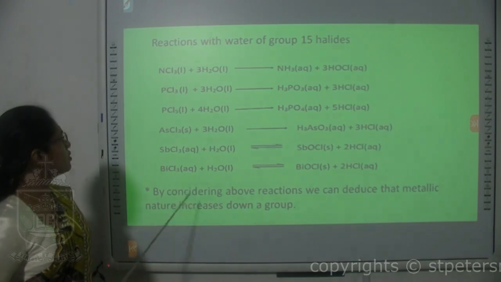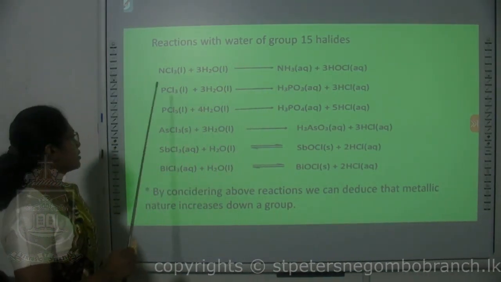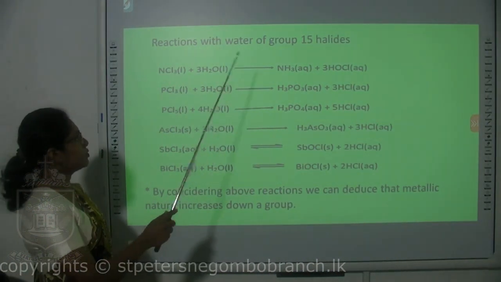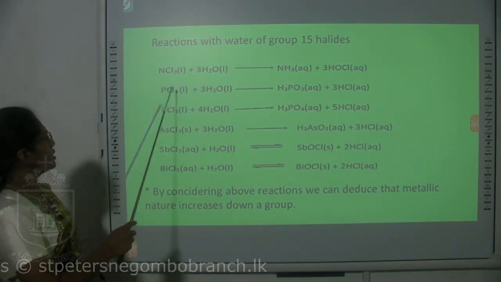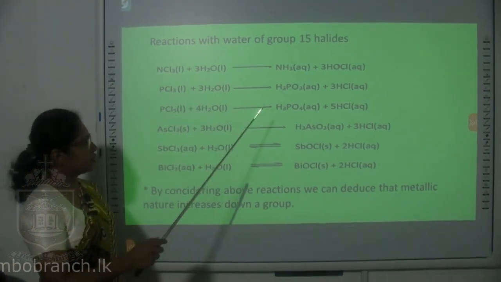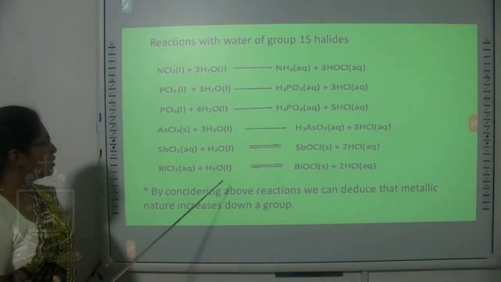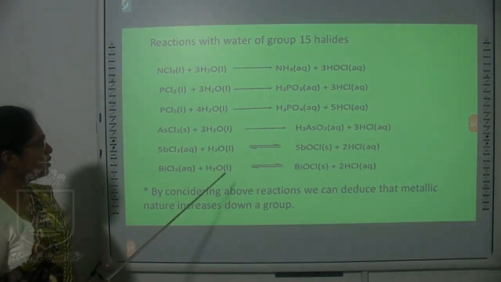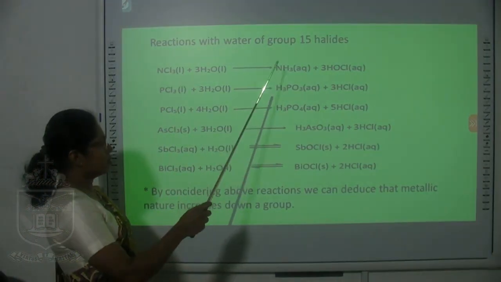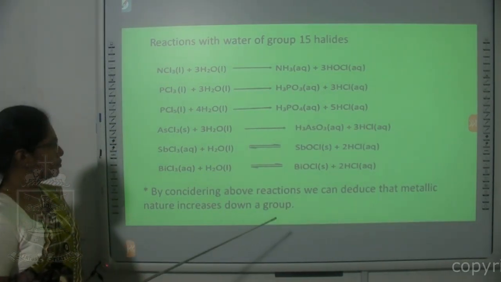Now here I have shown you the reactions with water of group 15 halides. When you consider these reactions, you can see how they react with water and what products they form.